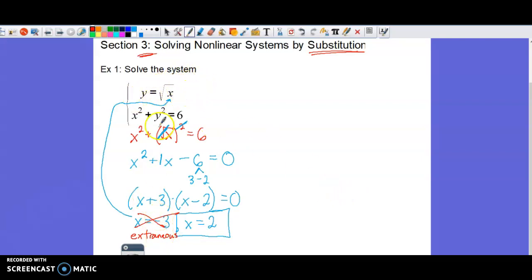Let's ignore imaginary, because yeah, you could have an imaginary, and the reason why I want to ignore imaginary is I want to use a graph. And I'll talk about that here in a second. So what I need to say is that x equals 2 is the only possible answer.